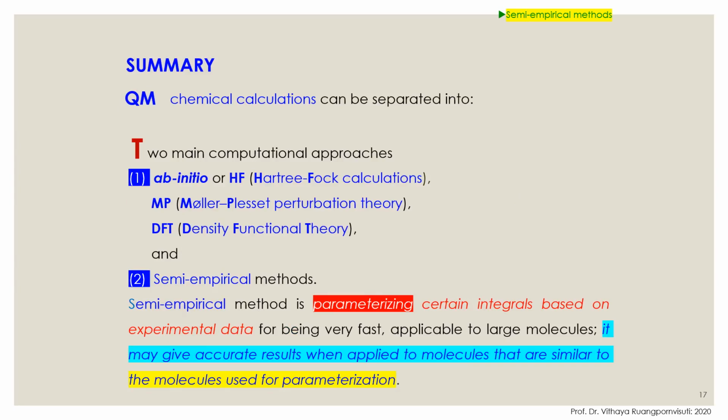Summary: quantum chemical calculations can be separated into two main computational approaches. The first is ab initio calculation.